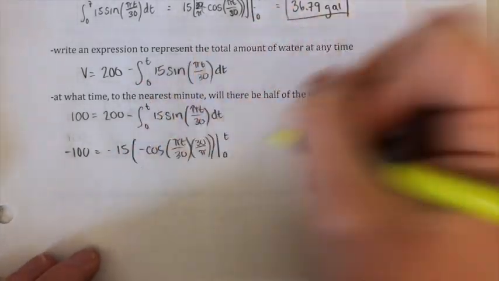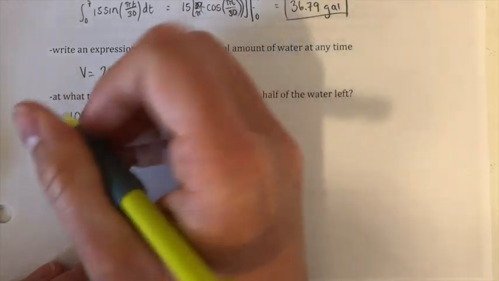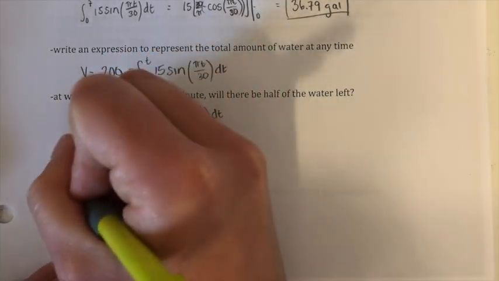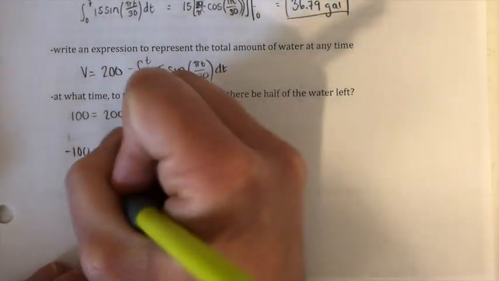So we can plug that in even when we have variables. I'm going to divide both sides by 15 before I do that. 100 divided by 15, I can divide both of those by 5, so I'm going to leave it as 20 over 3. Negative divided by negative makes a positive.